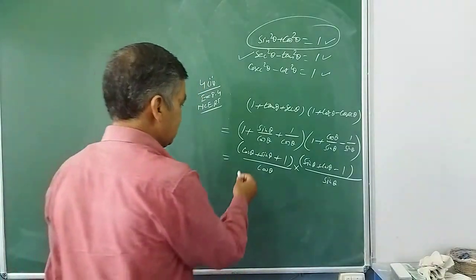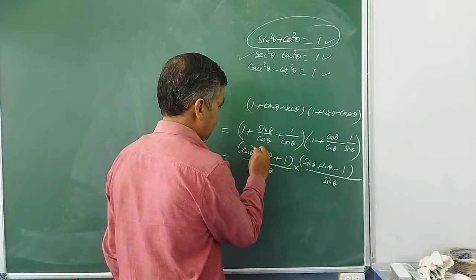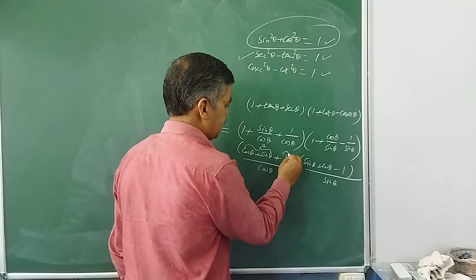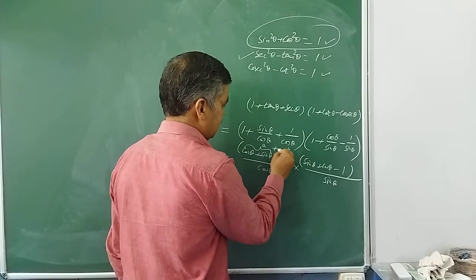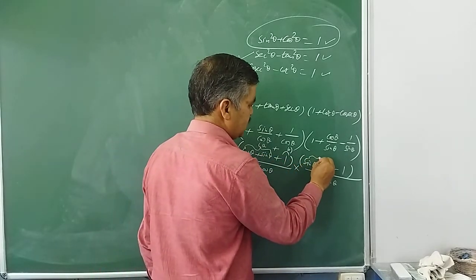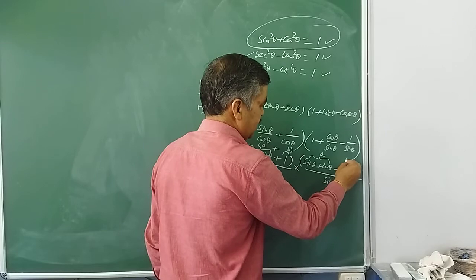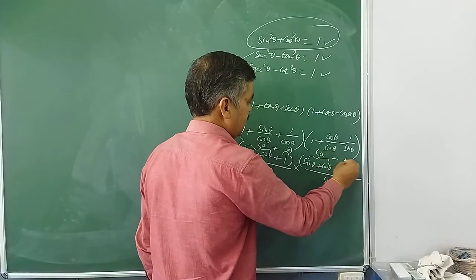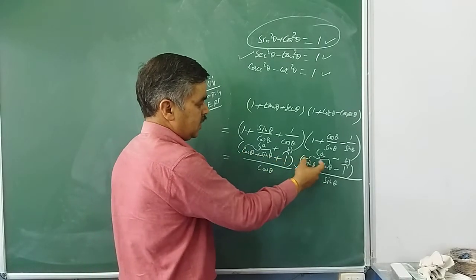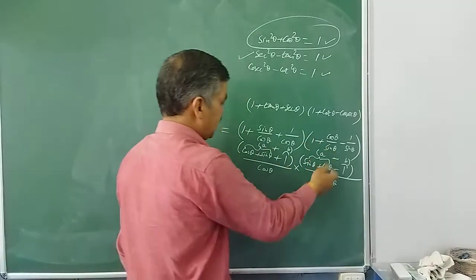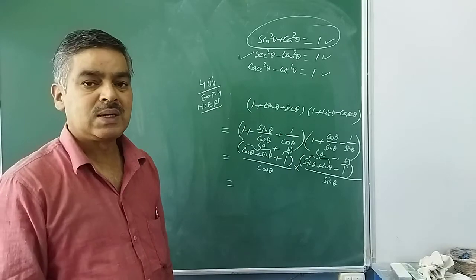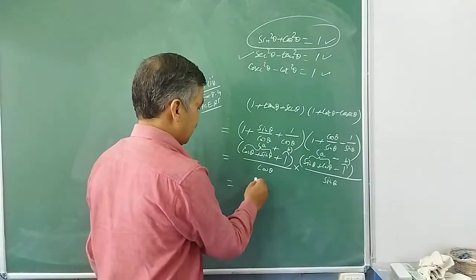As you can see here, if I take this as A and this as B, I find my numerator is in terms of A plus B. Again you see here, this is A and this is B, so this is in the form of A minus B. So I can see A plus B into A minus B, and I know that A plus B into A minus B is A square minus B square. So that you have to apply here.